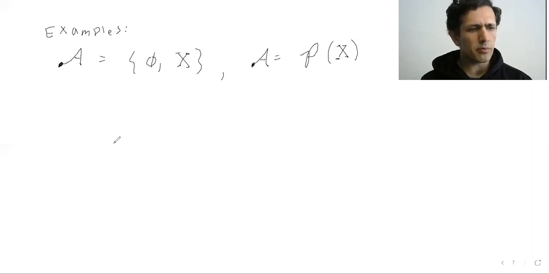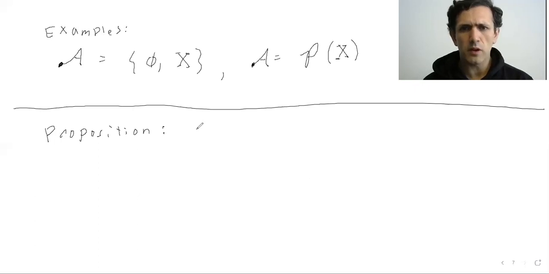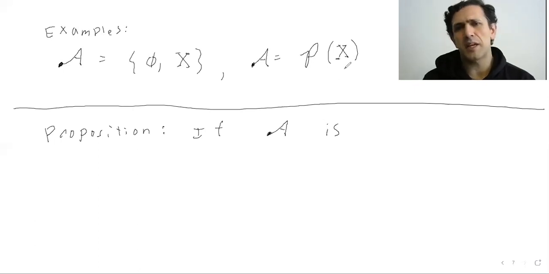Okay, so let me prove the following proposition. If you have a sigma algebra script A, and if I don't mention what X is, it basically means it doesn't matter what X is.